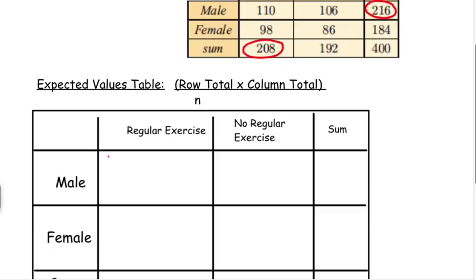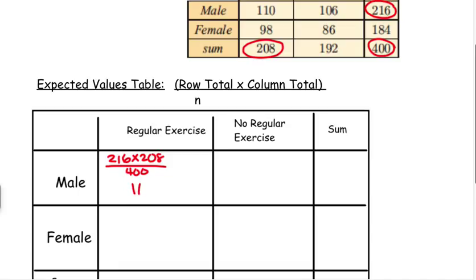So 216 times 208, divided by your entire sample, 400.